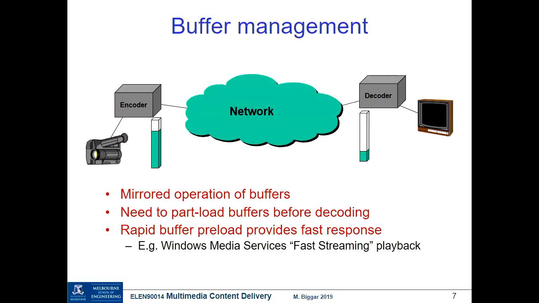So if at a particular time in the video we generate a large amount of data, then this buffer will fill up. But at the corresponding time in the decoder, so the corresponding frame, not the corresponding full clock time, the corresponding frame, then this decoder will need to read out a large amount of data, so that one will go down. So these buffers will end up mirroring one another.